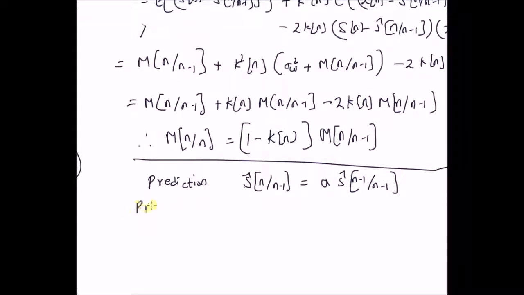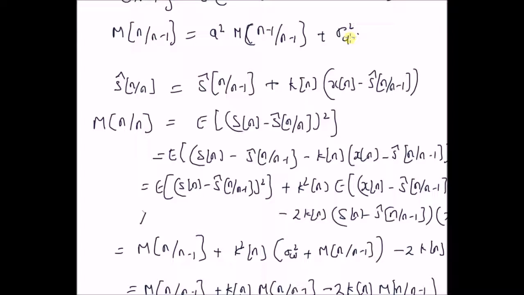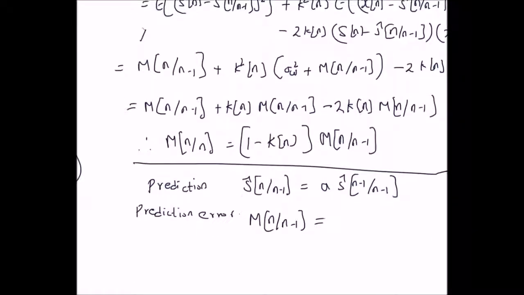Then the prediction error is given by M of n given n minus 1 is equal to this equation. There is a variance in the error term in the scalar state model and a square multiplied by the previous update error, which is equal to sigma u square plus a square multiplied by the previous update error.